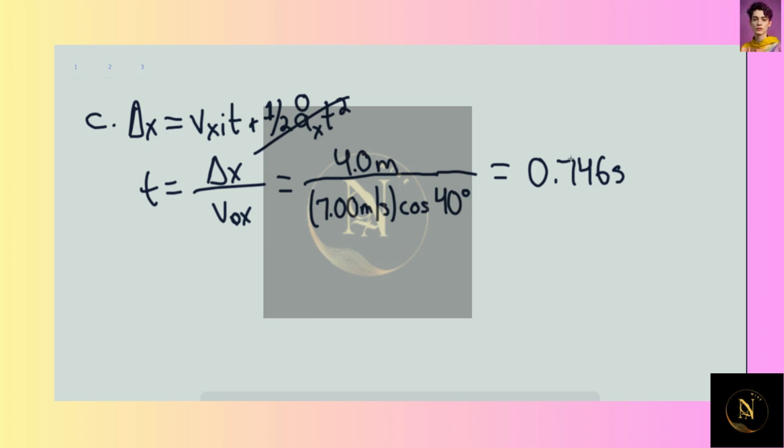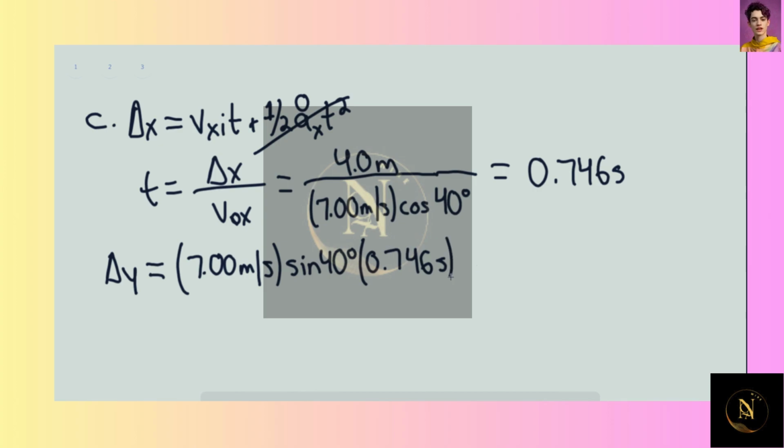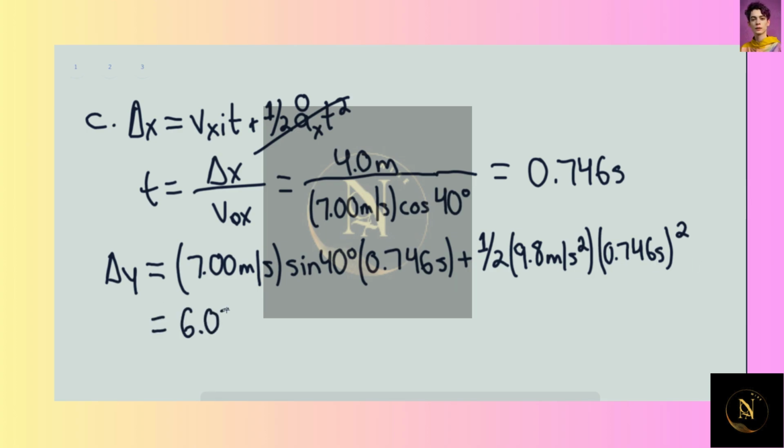In this time, the snowball travels downward a distance of delta y equals, again, 7.00 meters per second times sine of 40 degrees multiplied by 0.746 seconds, plus 1/2 times 9.8 meters per second squared multiplied by 0.746 seconds quantity squared, and this equals 6.08 meters.